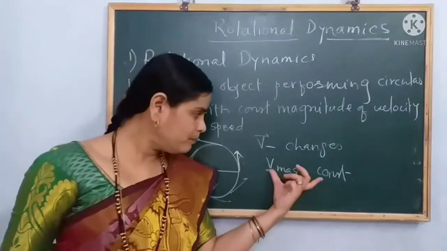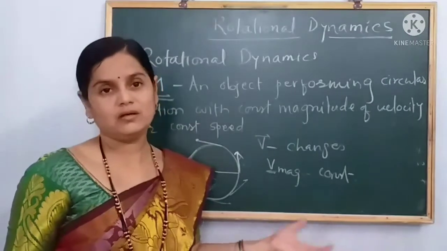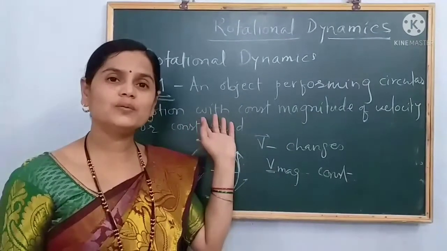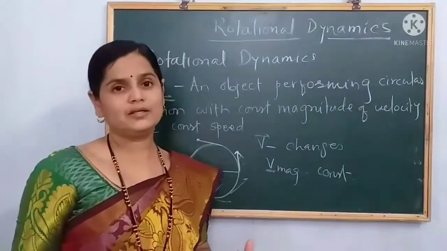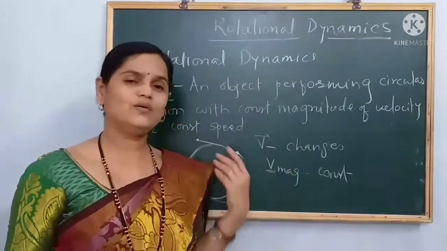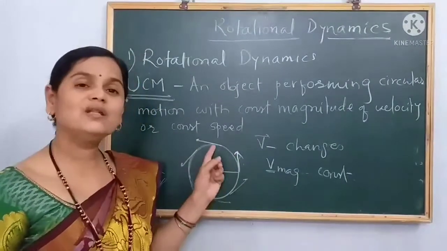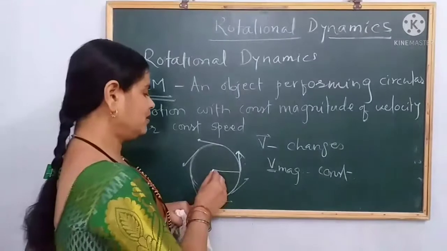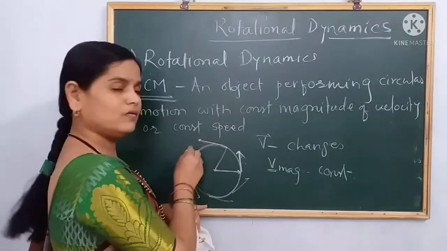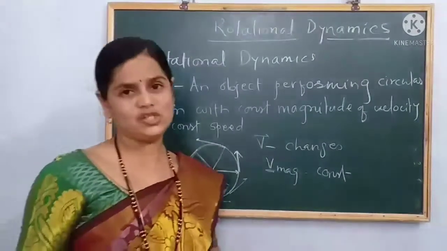The magnitude of velocity may or may not remain constant; if it does not, it is a non-uniform circular motion. But what about the direction? Whether it is UCM or non-UCM, the direction of velocity continuously changes according to the position of the particle. Suppose the particle lies here, the direction of velocity is like this. Likewise the direction of velocity continuously changes.